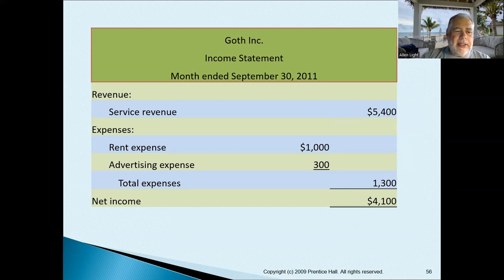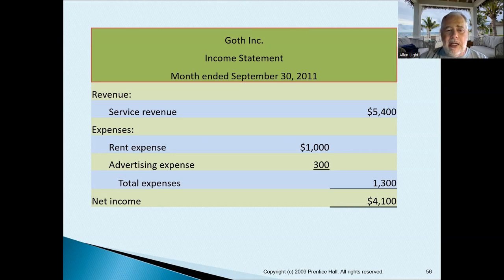So in this case, expenses, we had 2. Rent expense of $1,000. Total advertising expense of 300. Total expenses 1,300. Net income is 4,100. So we took revenue 5,400, subtracted the total 1,300, came up with 4,100.